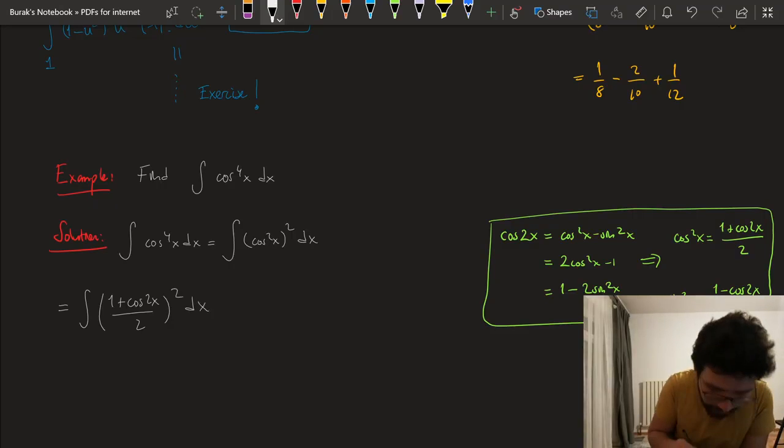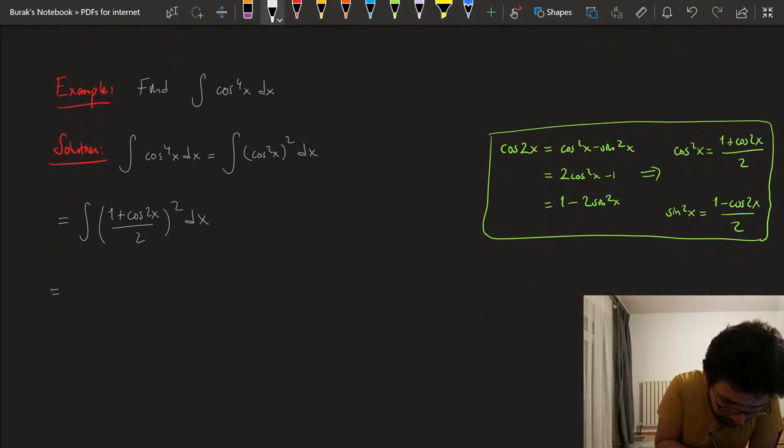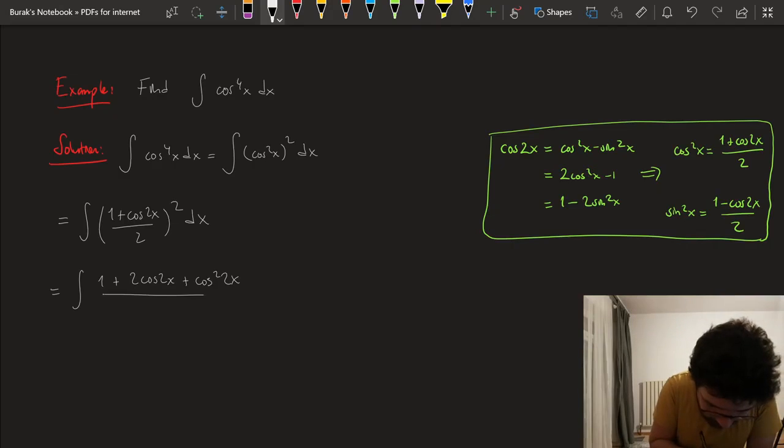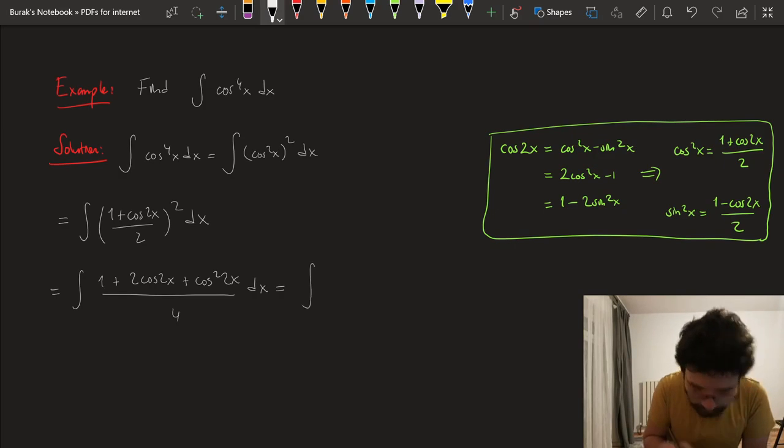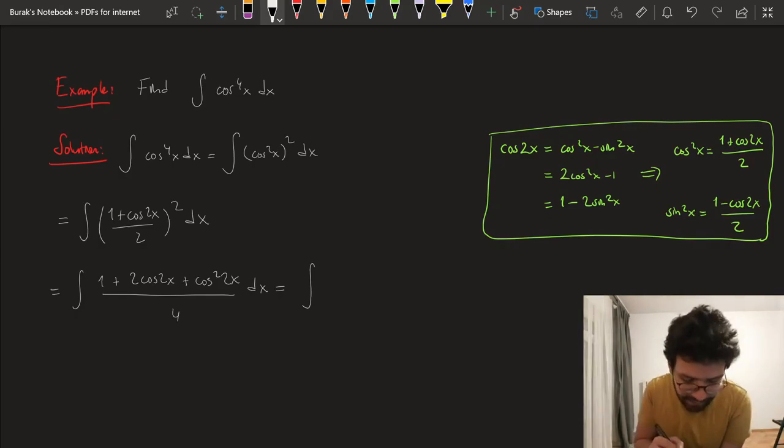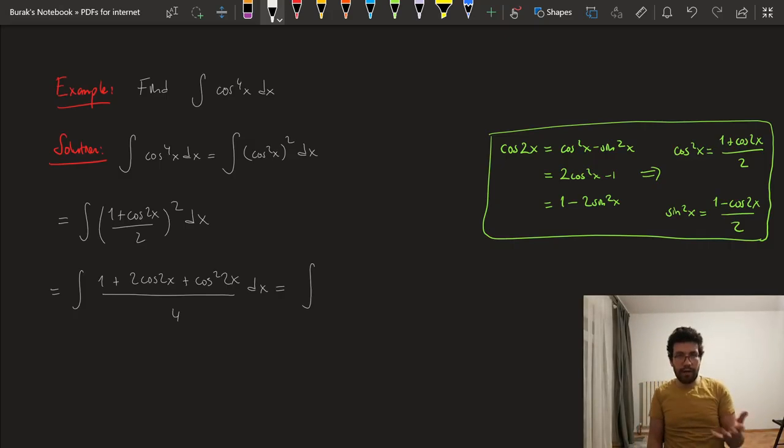Then this will give me 1 over 4 times (1 plus 2 cosine 2x plus cosine squared 2x). And now I'm going to split this indefinite integral, just like differentiation is linear, right? The derivative of a sum is the sum of the derivatives, and you can pull constants in and out.